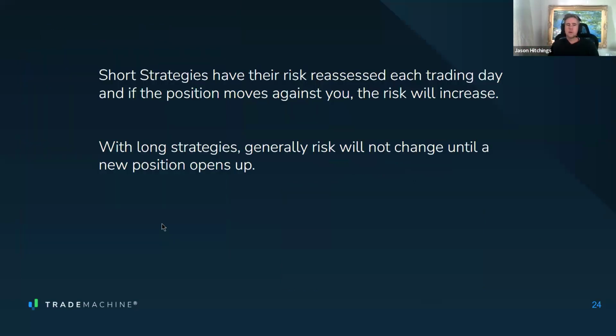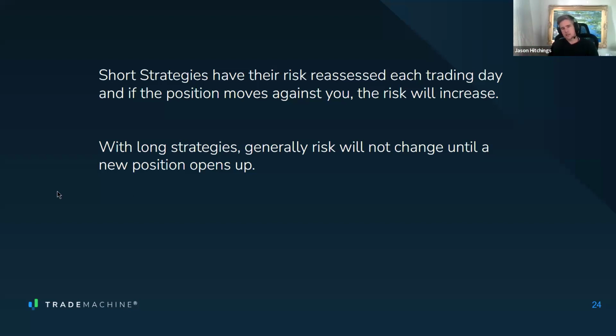So with these short strategies, the risk is continually reassessed as time moves on, and so the risk will change from the initial time you put it on. Generally, with a long strategy, if you buy a call, the amount that you're risking is just the initial premium of the call, and the risk won't get reassessed until you close the position, and then you have a net cash change, so you lock in that profit or loss, and then you take the next trade.